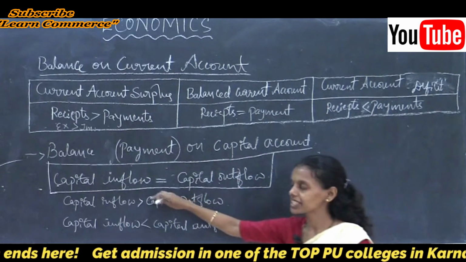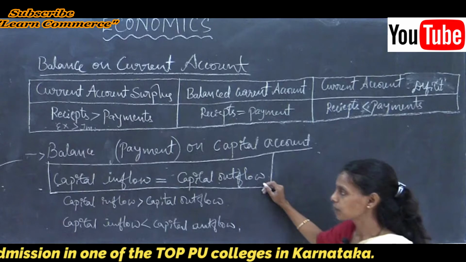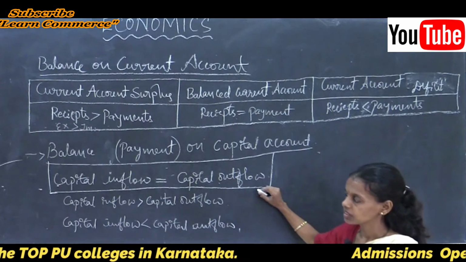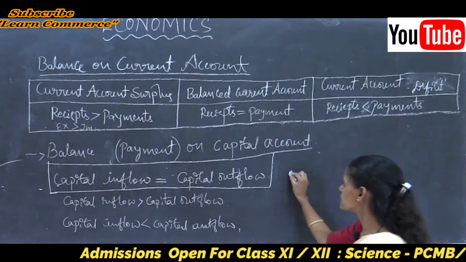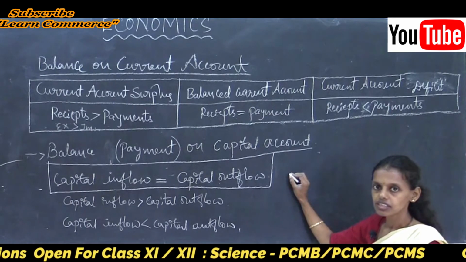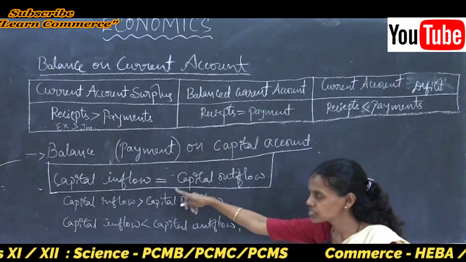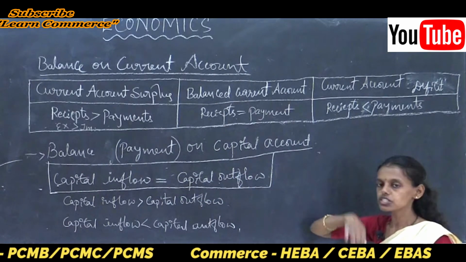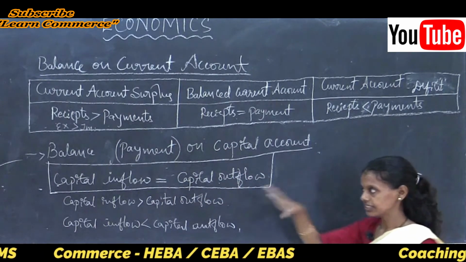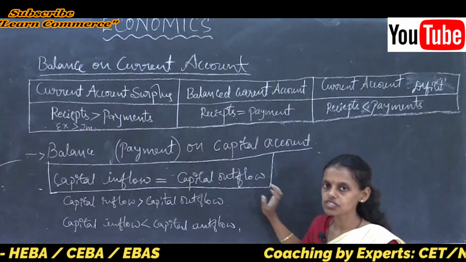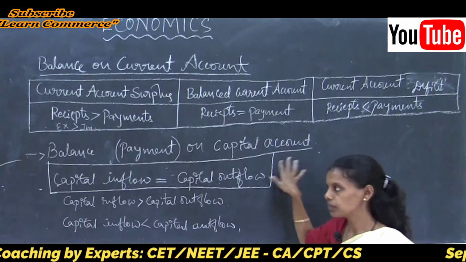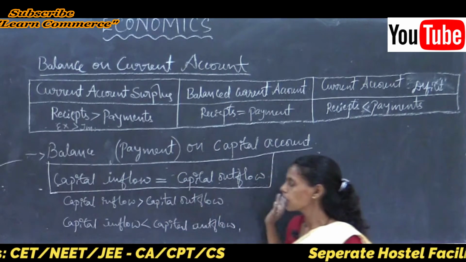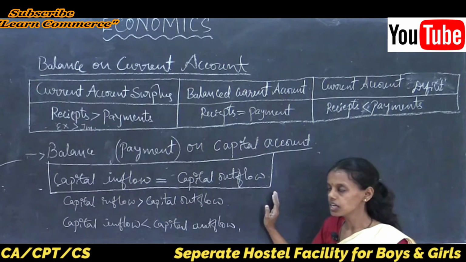Same, it is capital inflow and capital outflow. I will make it very easy to understand. Capital inflow means receipt, the income you are going to receive from trade, and outflow means the things we are going to export, and from that we are going to give payment to others. Receipts and payments.